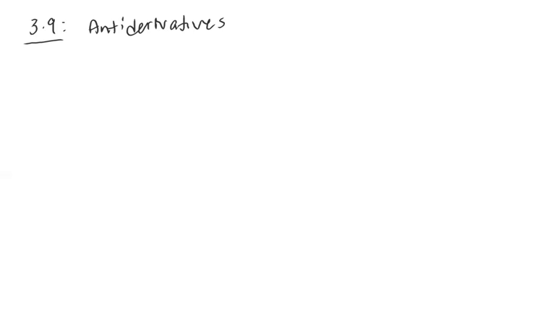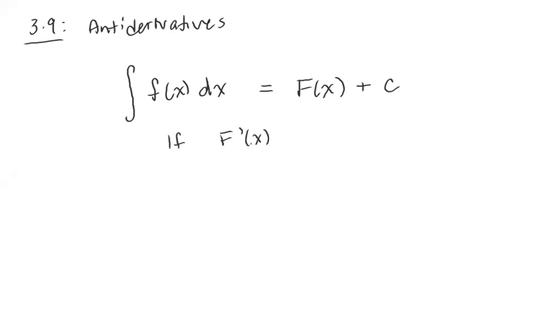We said that if you are given this elongated S symbol, that's the integration symbol, in front of a function f of x dx, then I can apply those rules of antidifferentiation and I get what's sometimes called a primitive or an antiderivative, F of x plus c, and that occurs if F prime of x is equal to f of x.